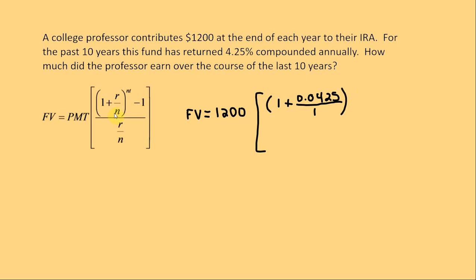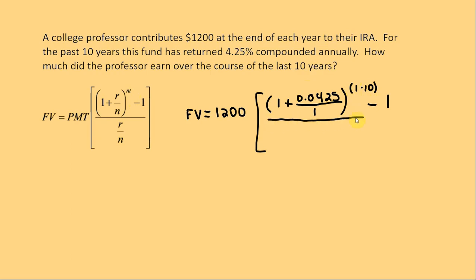So again, in this formula, the N just represents the number of pay periods per year. So this is going to be raised to the 1 times the number of years. So we're doing this for the last 10 years. So it's 1 times 10 power, minus 1.